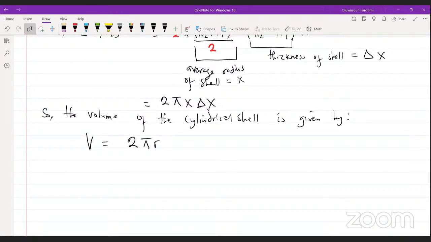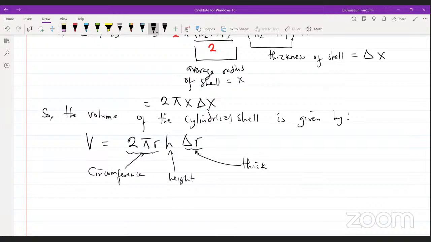You can stick with r in this case. Remember the circumference of a circle, right? This guy is circumference, this guy is just height, and this guy is thickness.